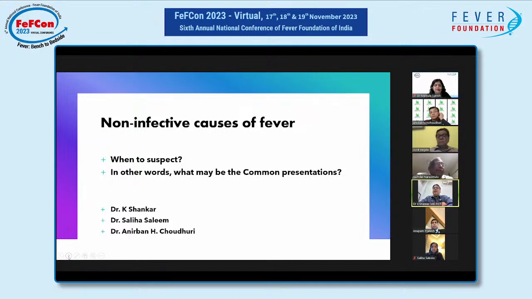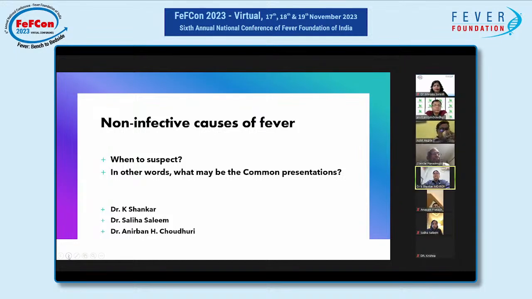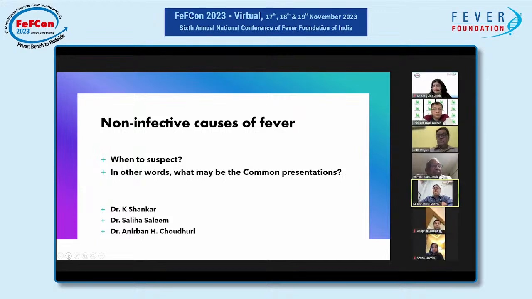Sometimes a patient feels that their temperature is high every time. Some endocrine causes, like thyrotoxicosis symptoms, may also present with complaints of fever. But generally it is rare. We will first exclude the infective cause, then go for the non-infective cause. Generally, only 2 to 3% of these patients have a non-infective cause of fever.